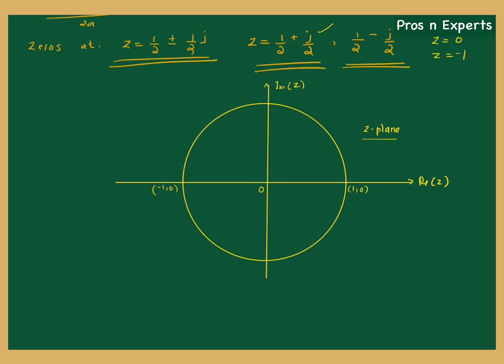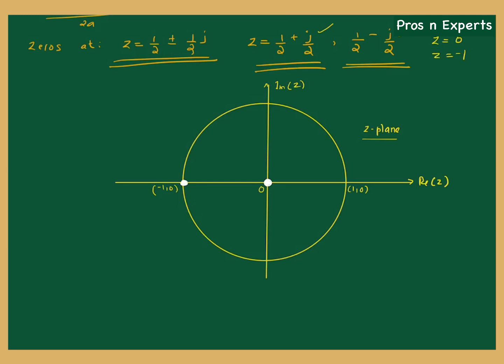Usually zeros are plotted by marking a 0 wherever they are on the z-plane. So z equal to 0 is nothing but the origin. So this is a 0. And z equal to minus 1 is another 0. Z equal to minus 1 means it is here. So here also we can see a 0.